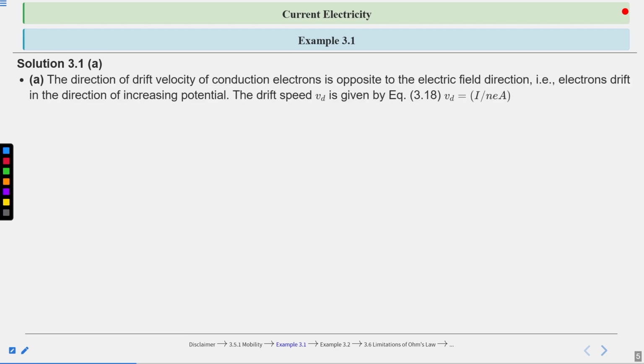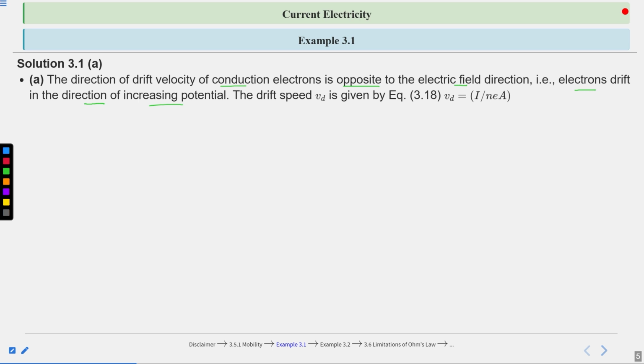The direction of drift velocity of conduction electron is opposite to the electric field direction. Why? Because electron experiences force in the direction opposite to the electric field. So their drift velocity will have direction opposite to the electric field direction. That is, electron drift in the direction of increasing potential.